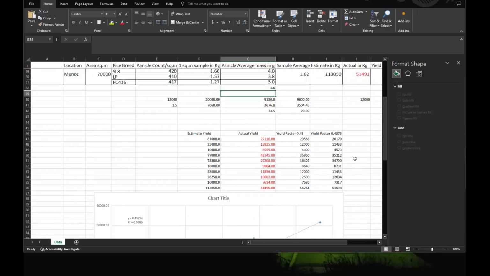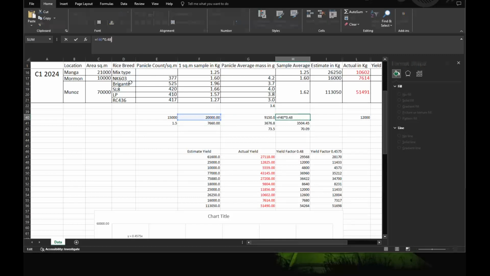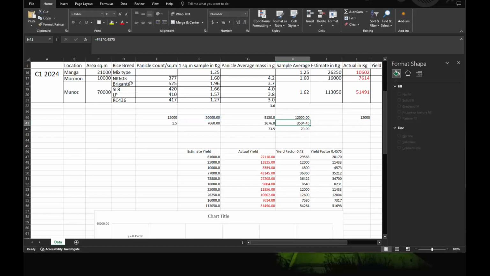So, if you look at a number, let's see here, 20,000. Okay, let's say 20,000. I'm using 0.6 as a factor. If this number is multiplied by 0.6, it would be 12 tons.